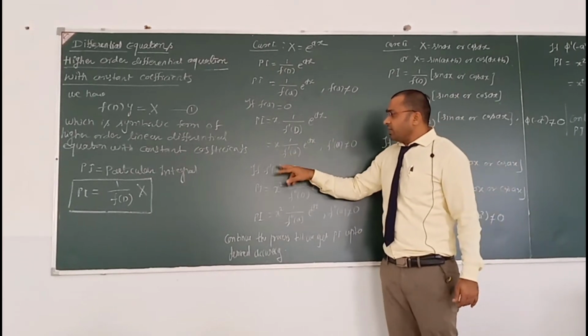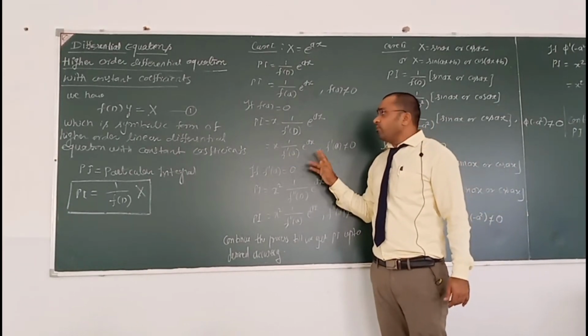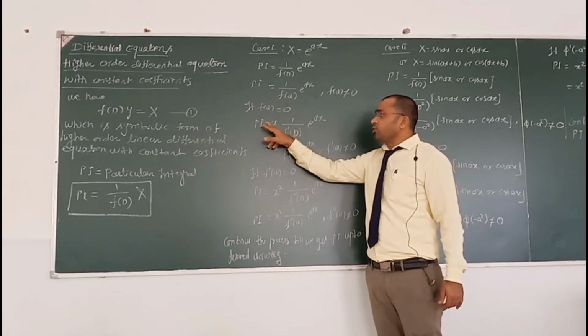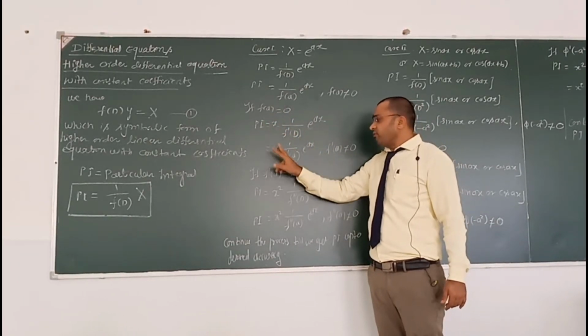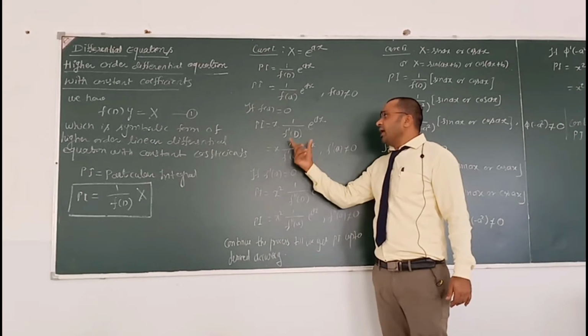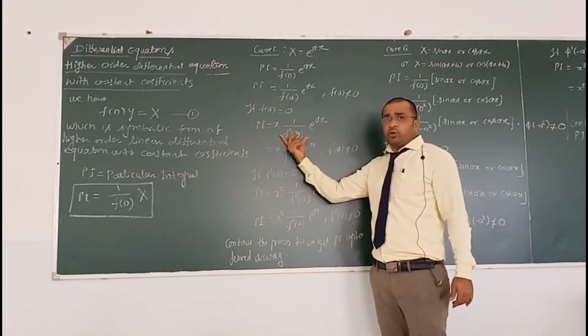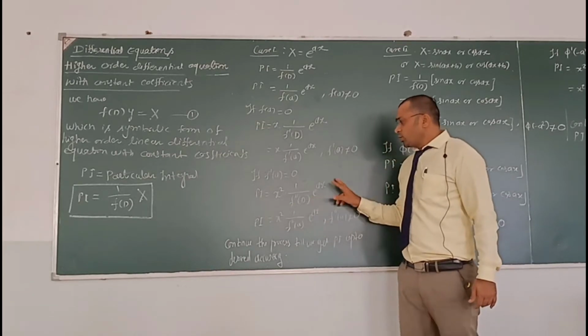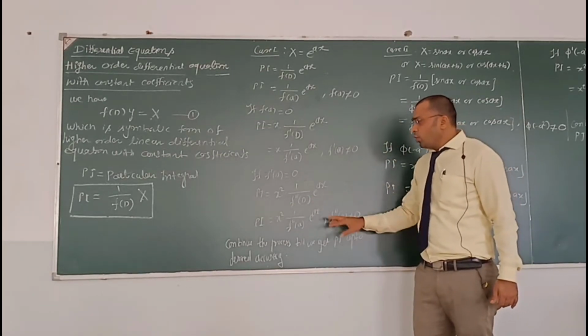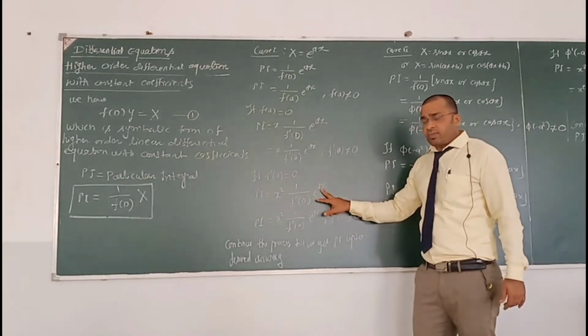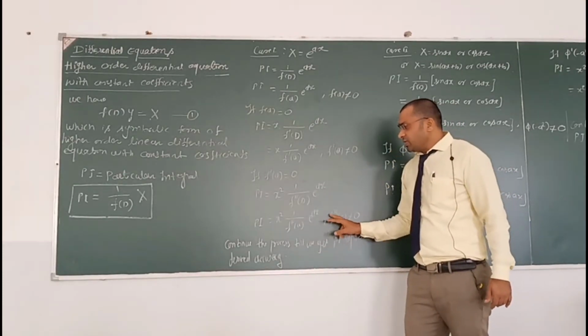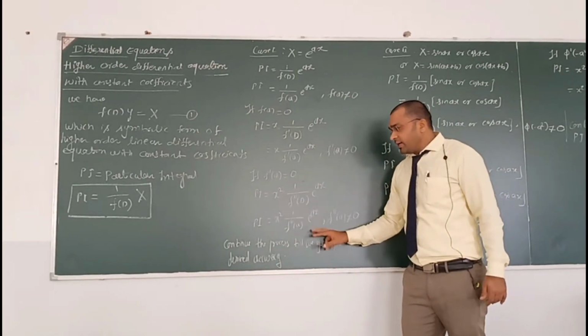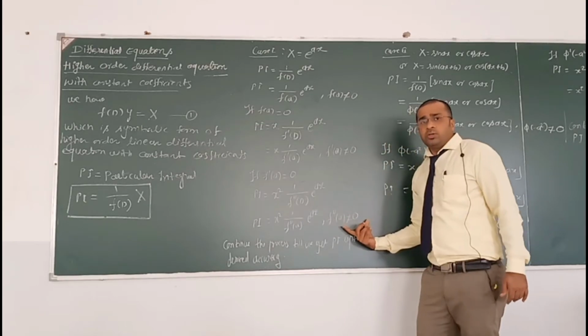But again, if the denominator is 0, at that time we again multiply by x on the left. That will now be x square, and here we differentiate f dash of D, which gives f double dash of D, into e raised to the power ax. Again the same thing: I replace D with a. I get f double dash of a, and this will be our required PI, provided the denominator is not equal to 0.